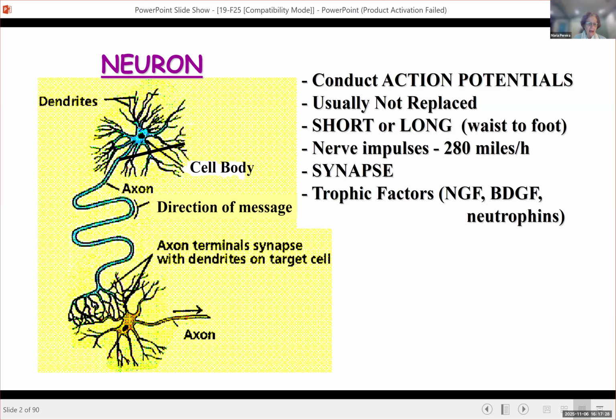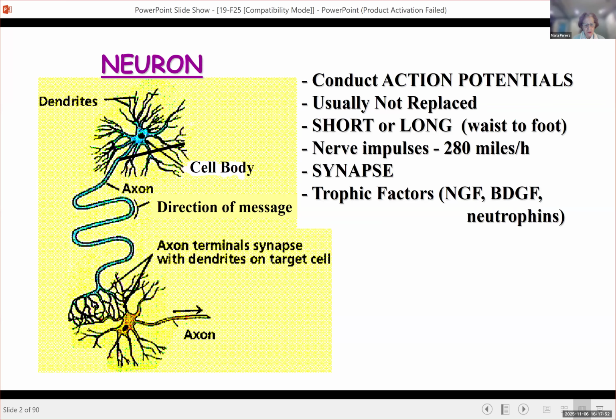Okay, so then you have the axon, which is quite great. The axon is very long. And remember, there has to be a lot of movement all the way from the cell body all the way to the axon terminal. And here you see another neuron, shown in yellow.